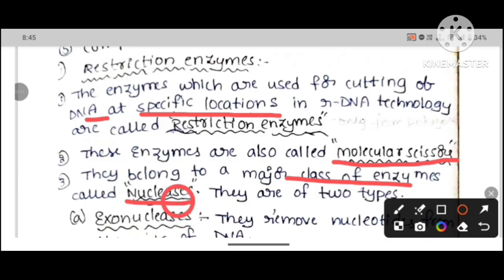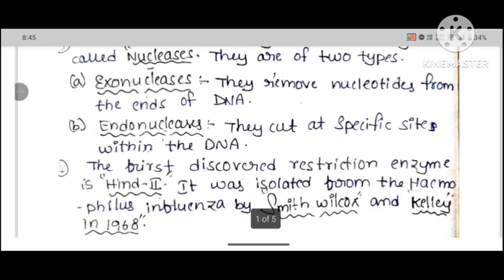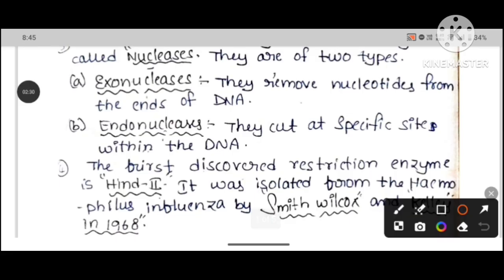Two different types of nucleases are present: one is exonucleases and another is endonucleases. Exonucleases are the type of molecular scissors which remove.